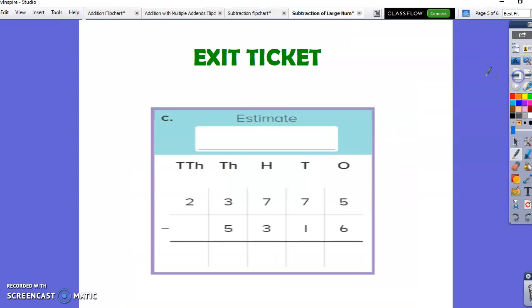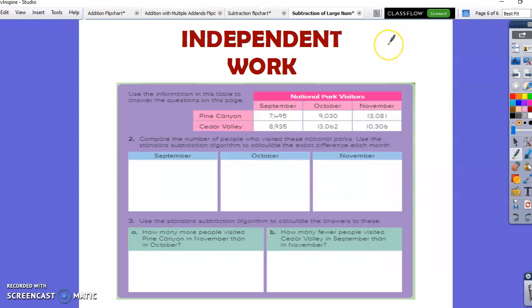Again, you have to do the exit ticket first, take a picture, turn it in, and then you will start your independent work, which is on page 47 on your Orgo workbook. And you are only doing 2 and 3 inside of there.